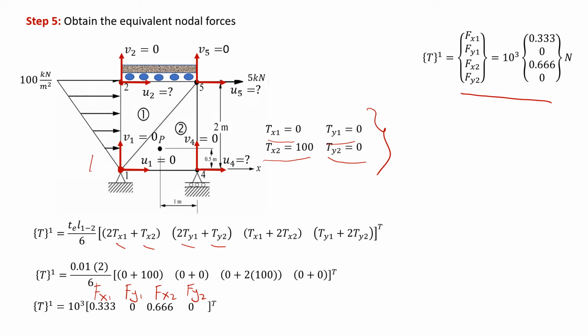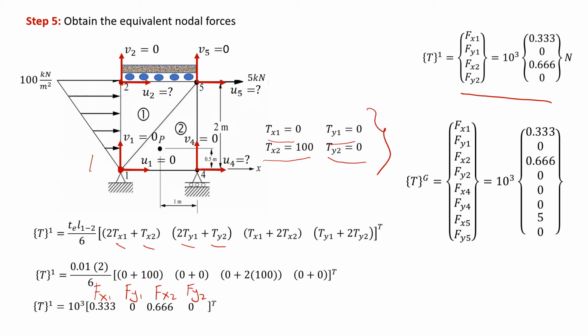Next, to make our calculation easier later on, it is better to list down the total forces involved in this problem. So we can list down the forces acting in this problem from node 1 until node 5. For node 1 and node 2, we can take from the equivalent nodal forces, and for the other nodes, we can refer directly to the figure of our problem.